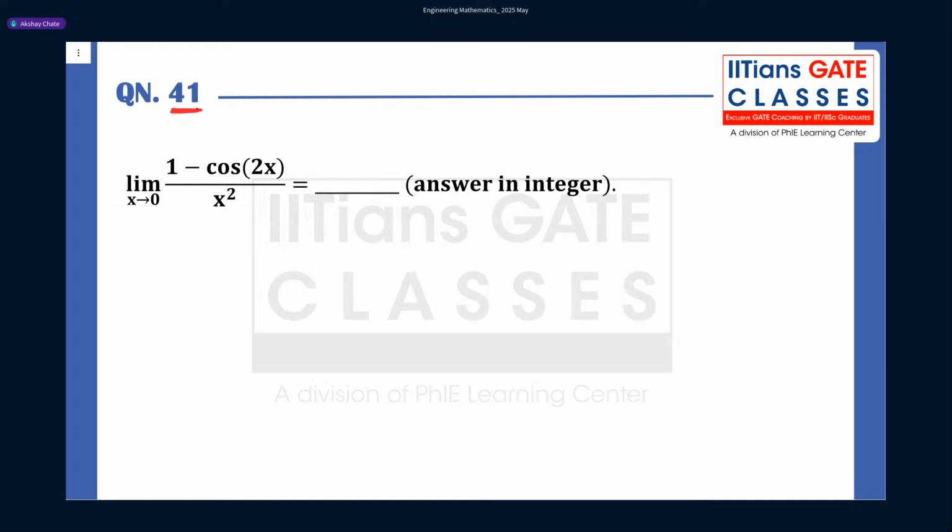So this is a classic question on L'Hospital's rule, and that applies to 0 by 0 or infinity by infinity forms. There are certain conditions for those, but since here it is 0 by 0, we are not going into details. We do that in our regular classes, and we had done this in the previous batch also.